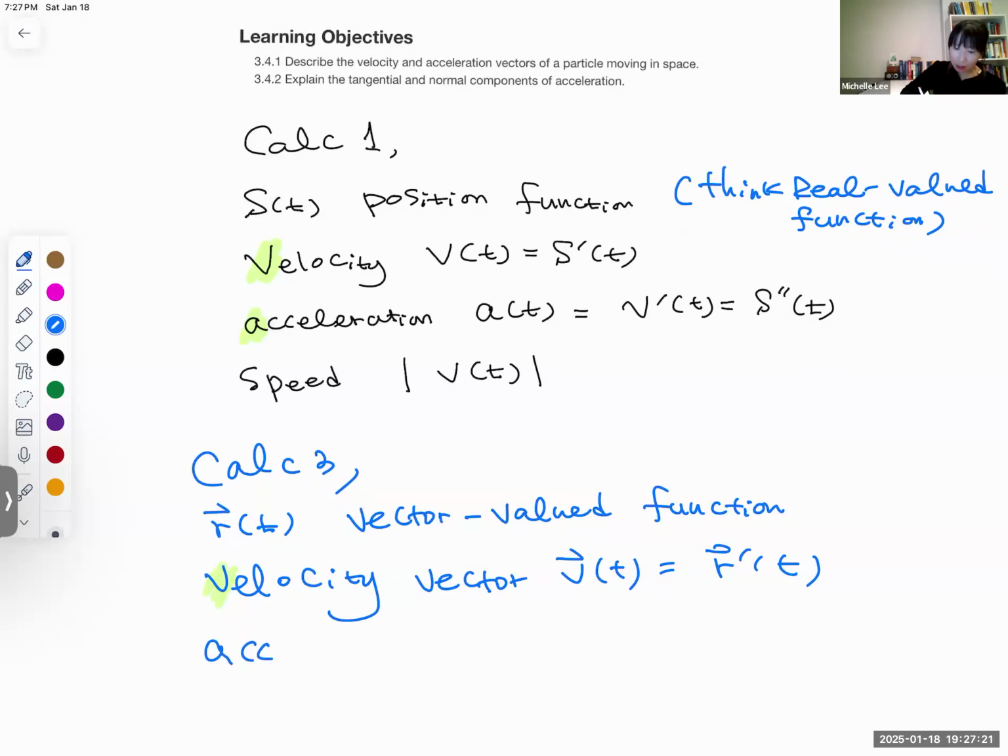Using the first letter a, it will be vector notation, a of t equal to v prime of t, that is the same as r double prime of t.